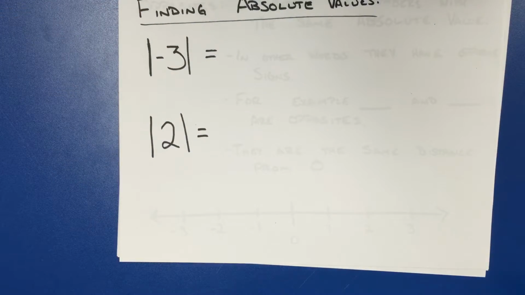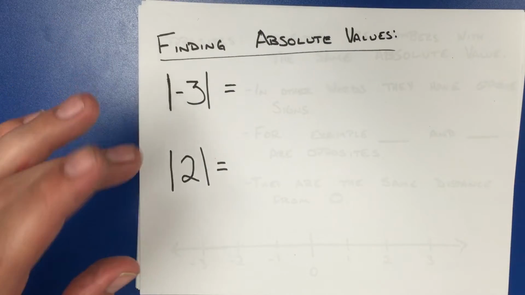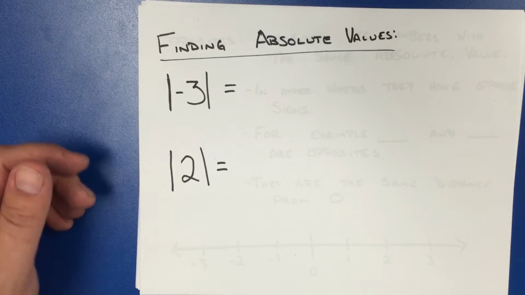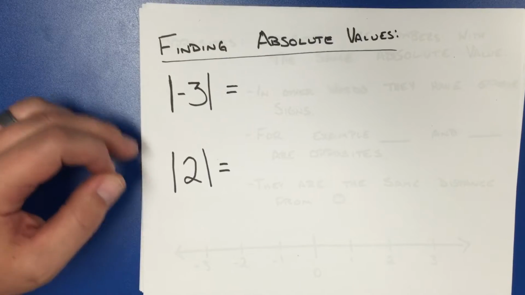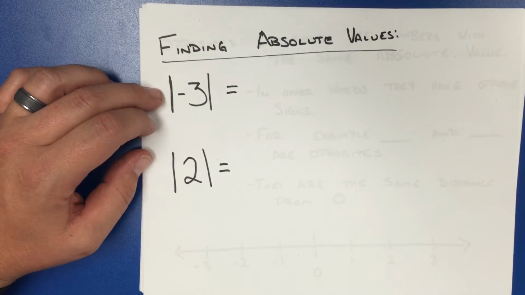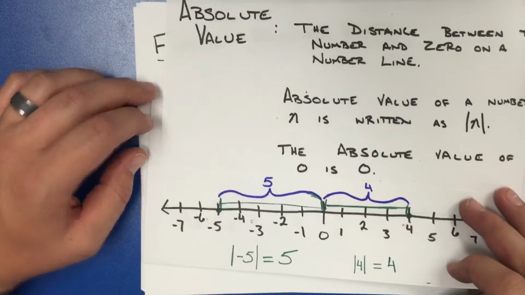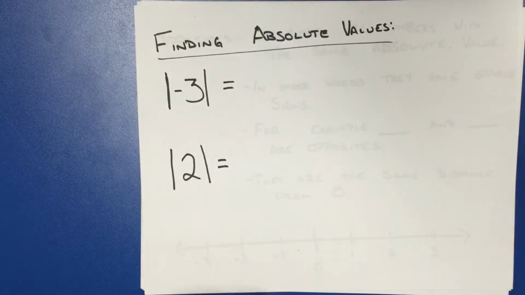All right. So if your book asks you to find some absolute values, here are a couple examples that might find their way into your homework: negative 3 and 2. What's the absolute value of negative 3? Well, how many jumps would it be from 0 to negative 3? That's 1, 2, 3 jumps. I don't care if it's in the negative way.